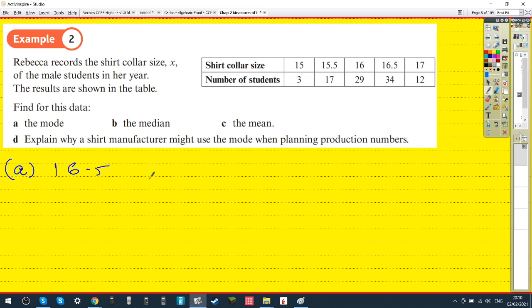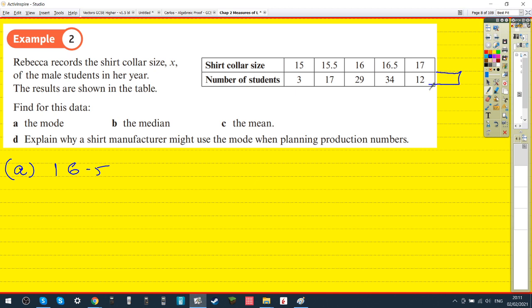It would be the middle student, the shirt collar size of the middle student. So you'd have to add up all the students, find which one is in the middle, find what group they're in. Oh, okay. So you do 15 times 3 for the first one? No. How many students are there?